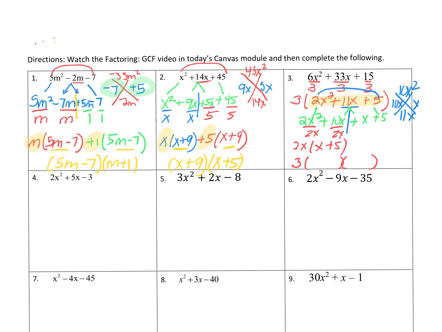And then the greatest common factor of this second group, which happens to just be a positive 1. And then what I notice is that as I go to create my answer here, there's my factor that's in common. And then my second answer is going to be created by the greatest common factor of the first group and the second group. And that is going to give me a 2x plus 1.